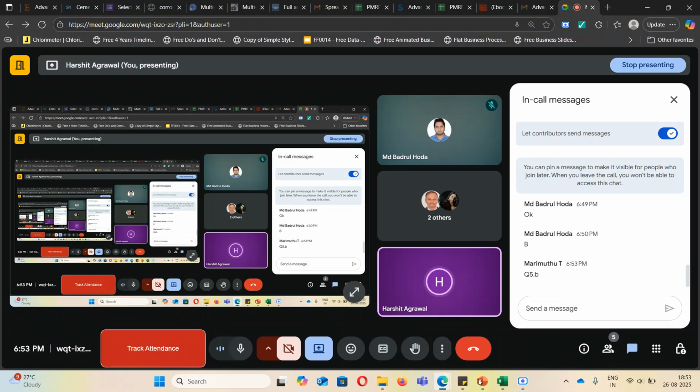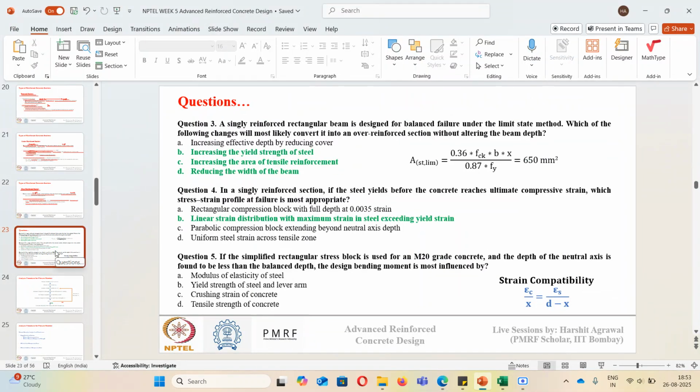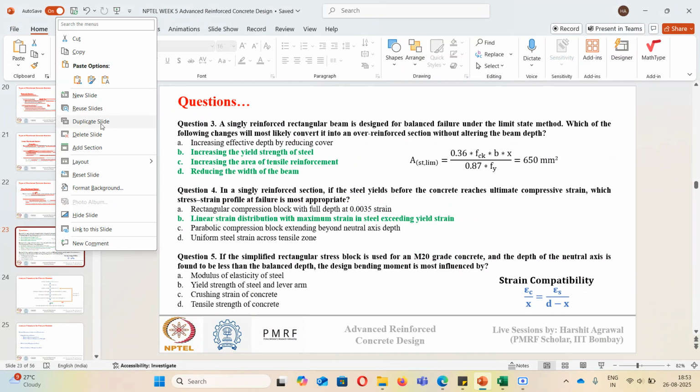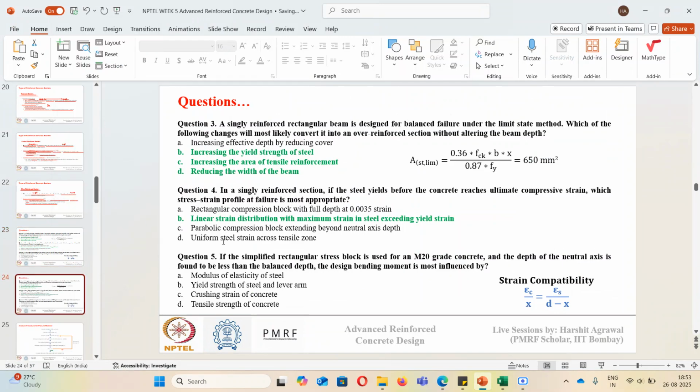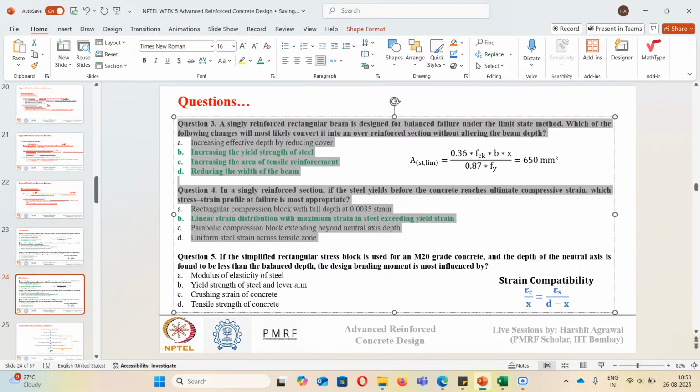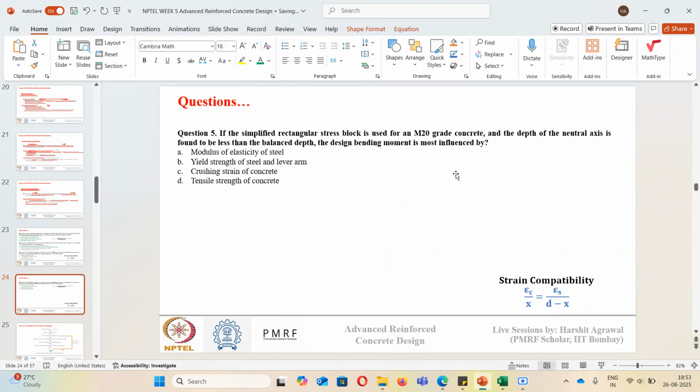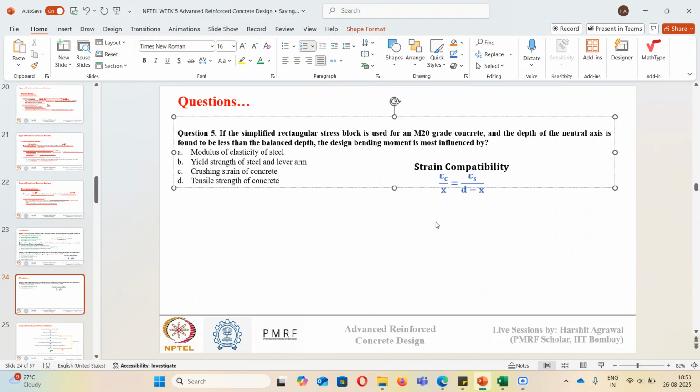Okay, so I will just tell you how you can think of this question, the final question. Okay, let me take one new slide. I'll eliminate the first two options. So we know the strain compatibility equation. Now, what the question says is, what if the depth of neutral axis is changing? And then what will be the influence on the profile?